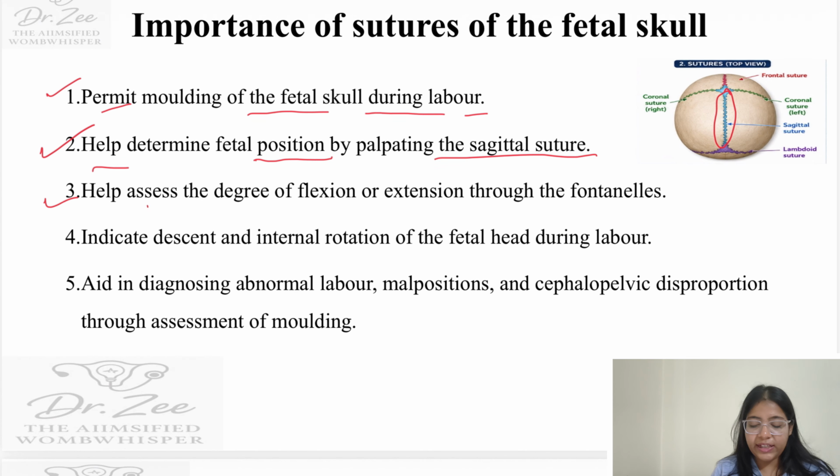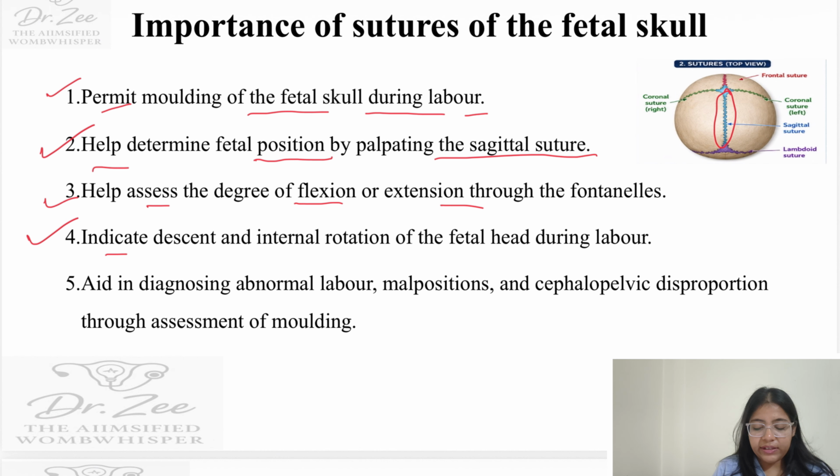It helps assess the degree of flexion and extension through fontanelles. If you can palpate the posterior fontanelle in your PV examination, that means the head is flexed. If you can palpate the anterior fontanelle, it means the head is extended and the delivery will be difficult. I'll tell you the difference between the fontanelles and how to identify which one is which in further slides.